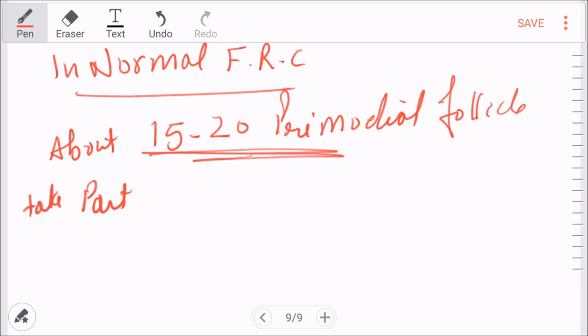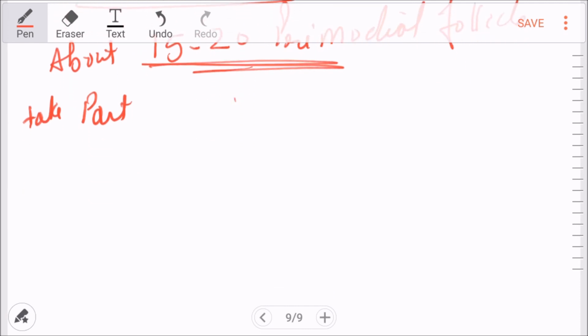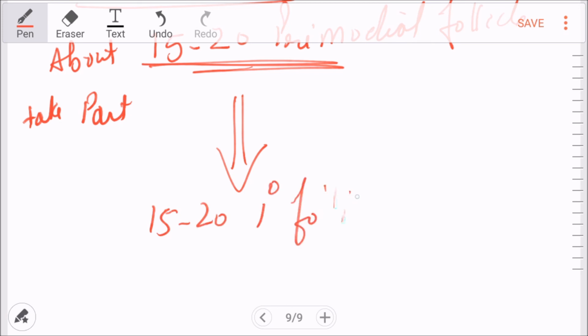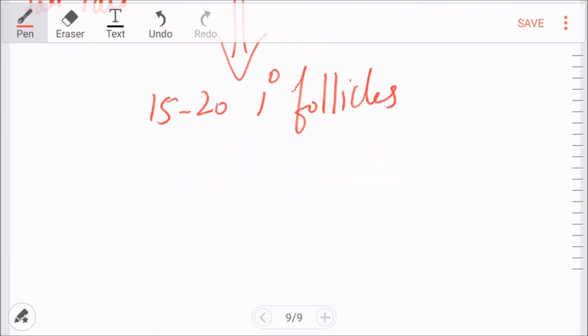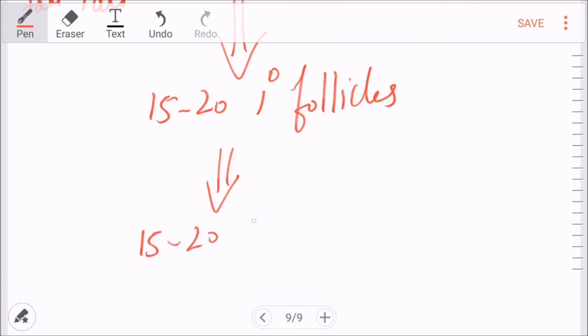These 15 to 20 primordial follicles get converted into 15 to 20 primary follicles, and then 15 to 20 secondary follicles.